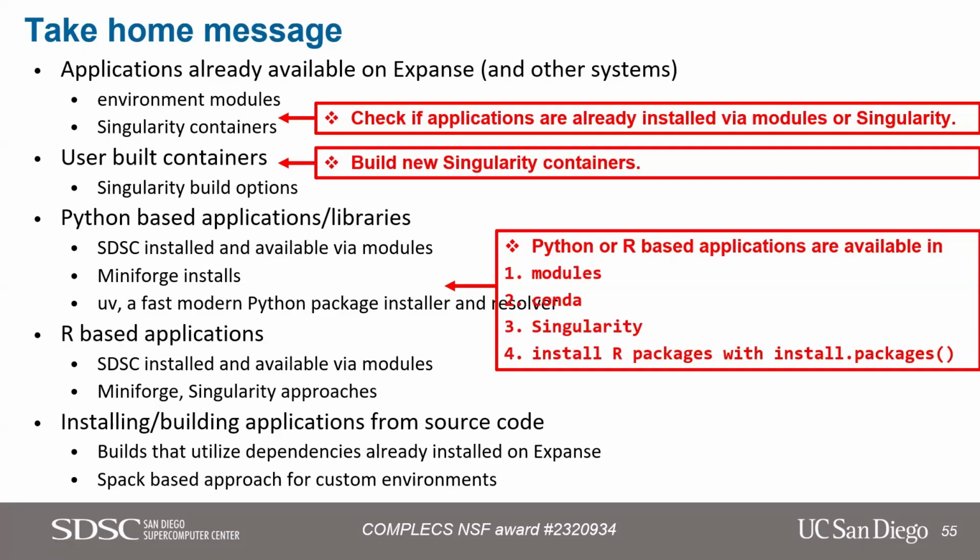First, we have learned that many applications are already available on Expanse, and of course those environment modules and the Singularity containers might also be available on other HPC systems. You can check if the applications are already installed via the module or Singularity, and then load those modules to get the applications you need.